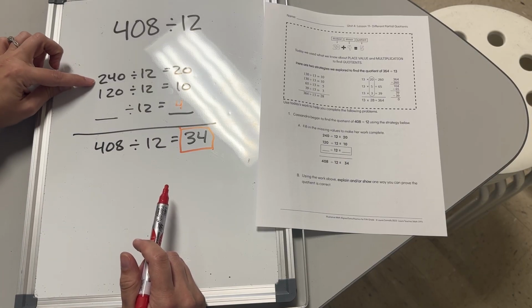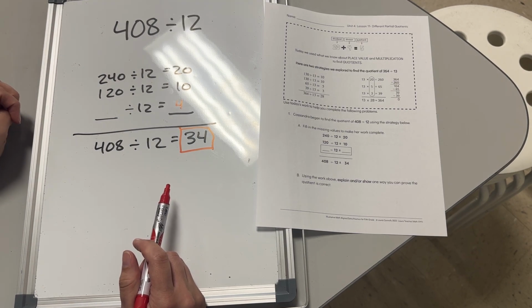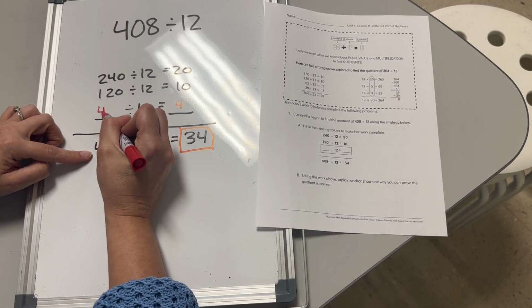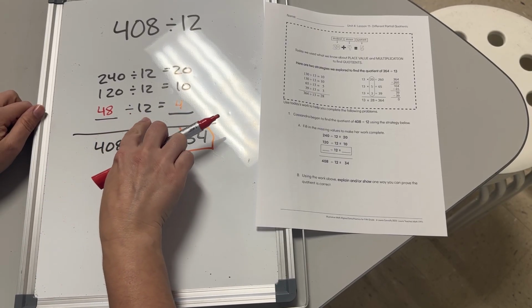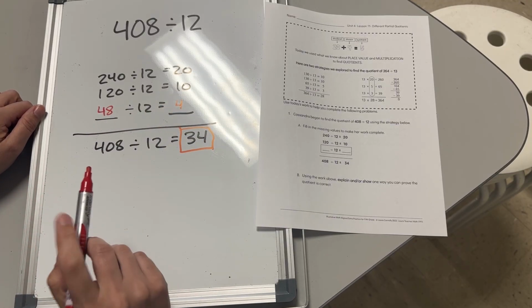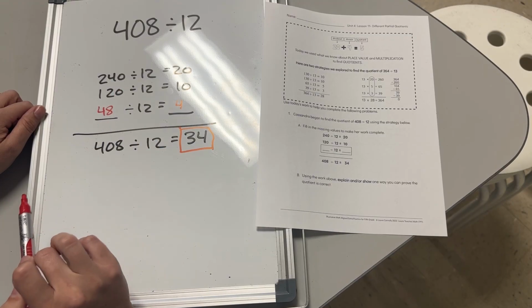Well, so far I have 300 and I have 60, 360. That means that I need another 48 in order to get to 408. 48. Let me check. 48 divided by 12 equals 4. I know that I can check that by doing 12 times 4 to get 48.